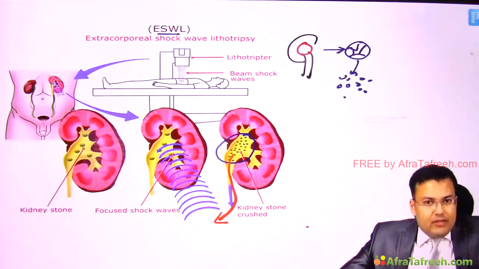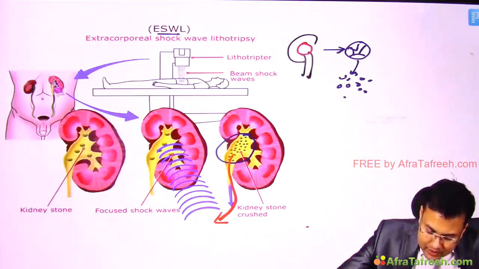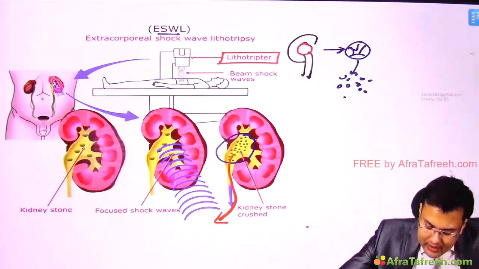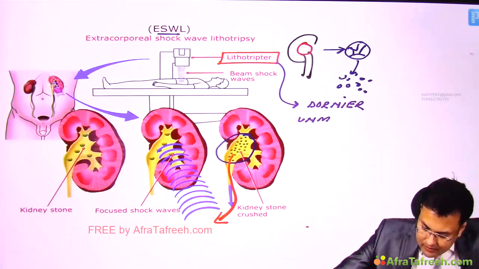In this case we are using a gold standard lithotripter. What is the name of that gold standard lithotripter? It's Dornier unmodified HM3.